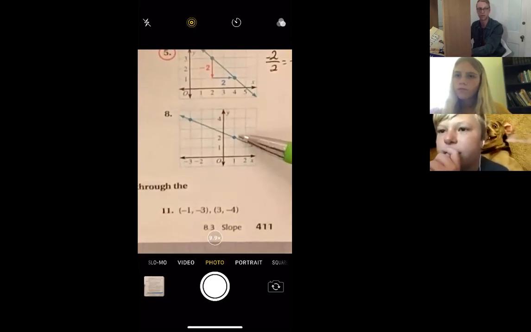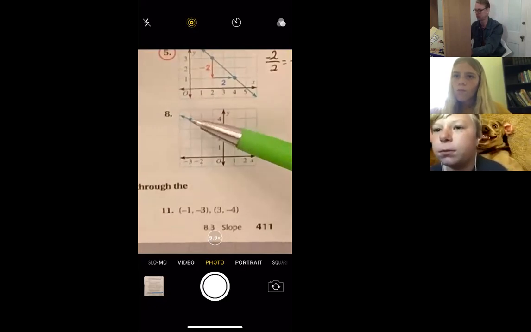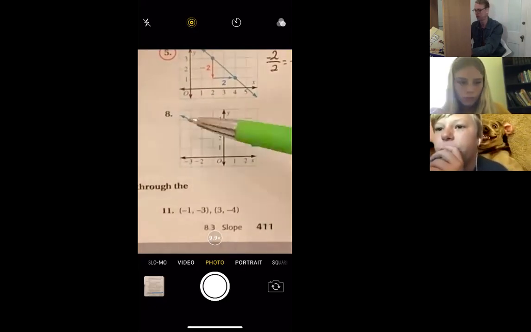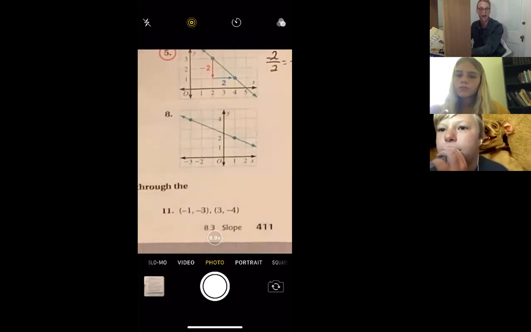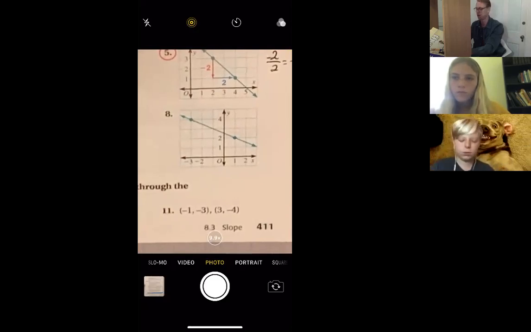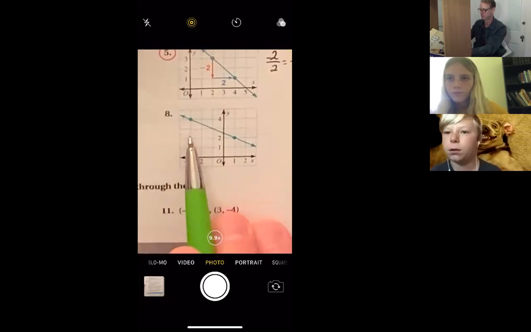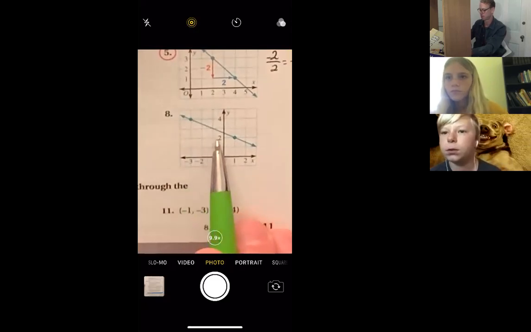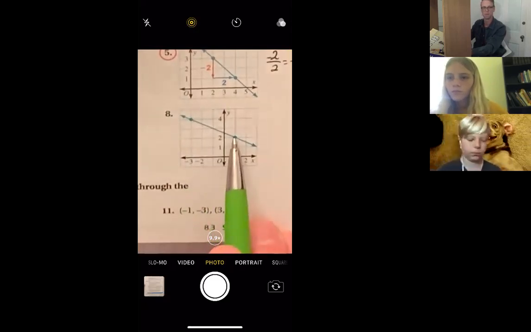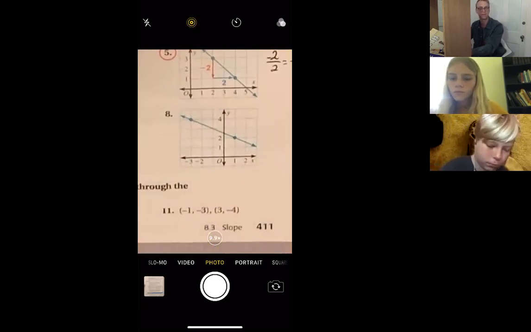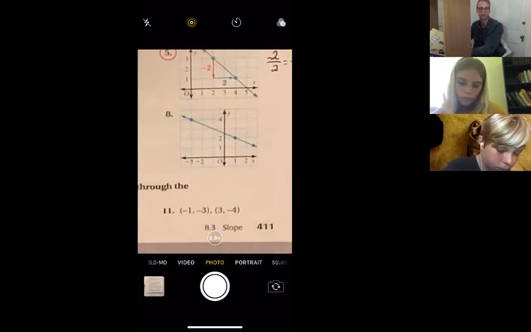This is where the second point is. You get from here to here. 3. Or no, 2. 2, yeah. And if I go down 2, it's negative 2. Good. And then Orion, what's my run? 4. 4. Yeah. So my slope is negative 2 over 4.